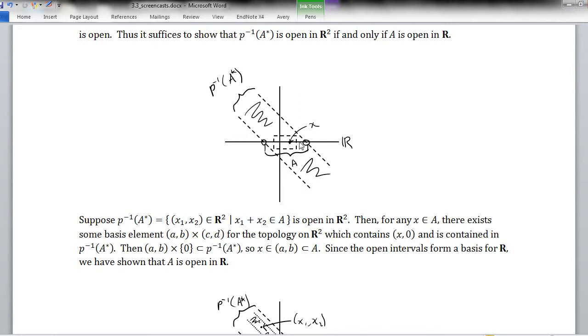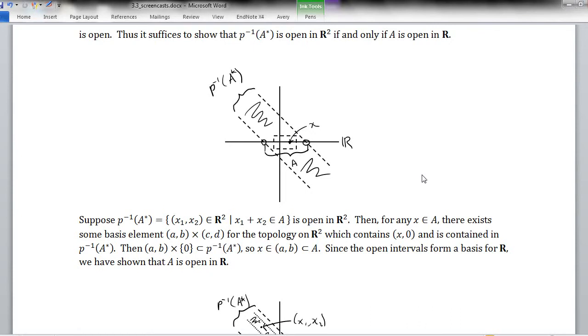And then remember, A star is just the set of all of these diagonal lines which go through points with x coordinate in A. And then P inverse of A star would be, not the set of lines, but the set of all points on those lines. In other words, the union of all of those lines. Okay, so that's just this diagonal strip here for this particular depiction.